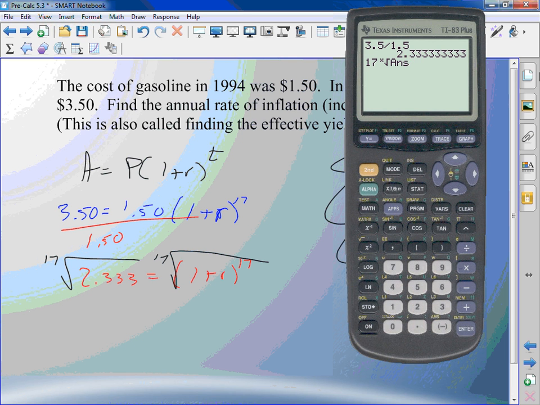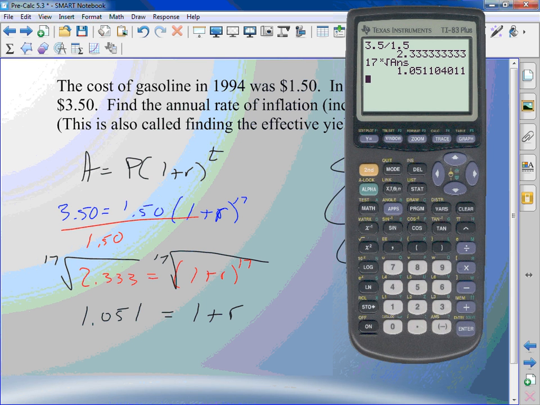It's going to be more accurate than just putting in 2.333. Enter. 1.051 equals 1 plus R. By taking the 17th root, that got rid of the 17th power.